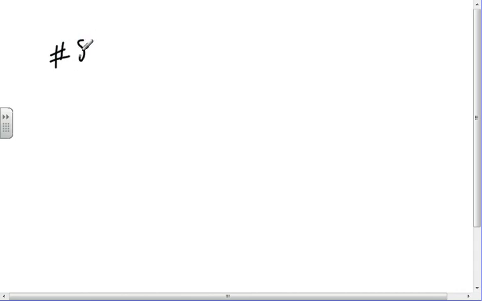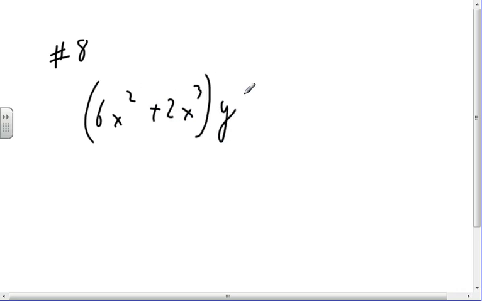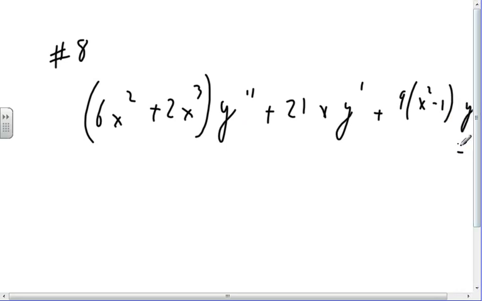All right, so I've got number 8. I've got (6x squared plus 2x cubed) y double prime plus 21x y prime plus (9x squared minus 1) y is equal to 0.